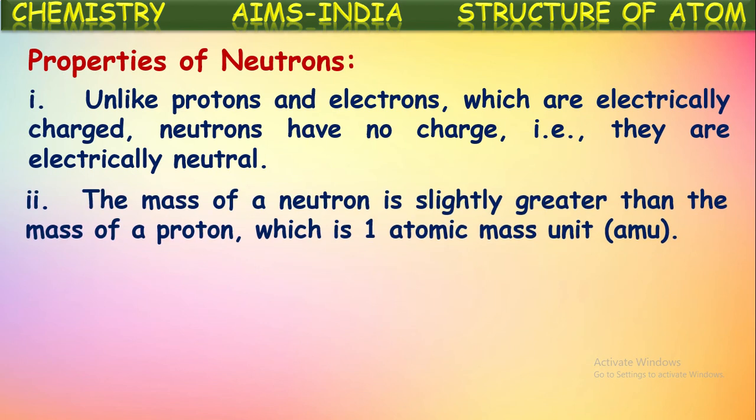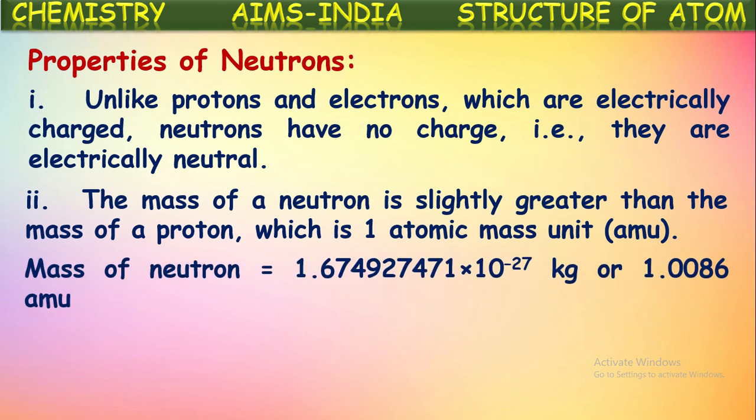The mass of a neutron is slightly greater than the mass of a proton, which is nearly equal to 1 atomic mass unit, that is AMU. The mass of neutron is taken as 1.674 into 10 to the power of minus 27 kilograms, or in terms of AMU, 1.0086 AMU, whereas for proton it was taken as 1.007 AMU.